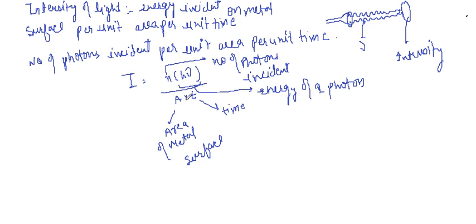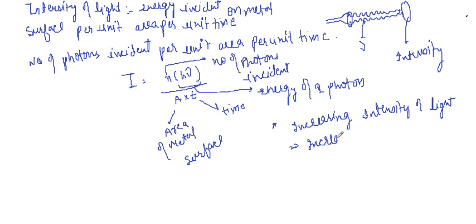We know increasing the intensity of light means increasing the number of photons. So frequency of light will remain constant; frequency will not change.